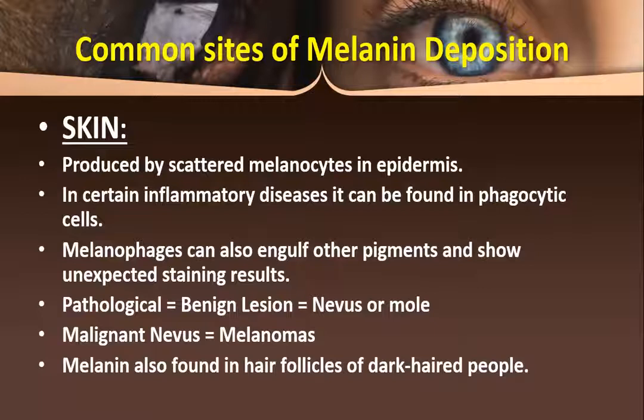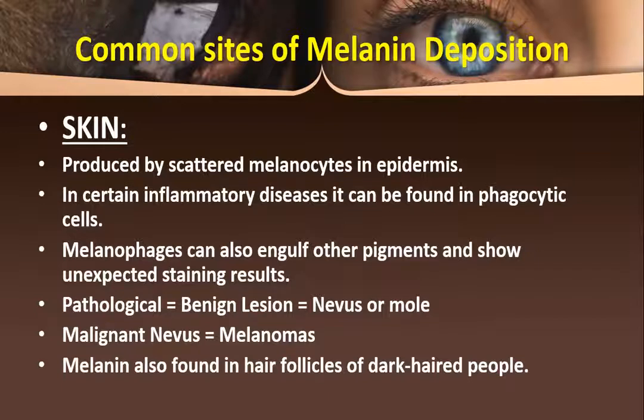Okay, so first of all, if we talk about the deposition of melanin in skin, as you have just studied, melanocytes are scattered in large numbers in the epidermis. They produce dark pigment.